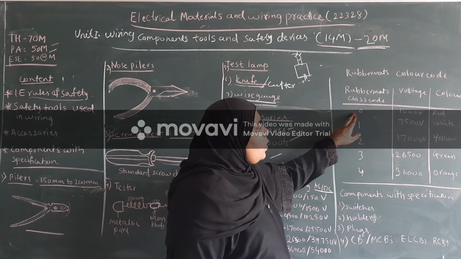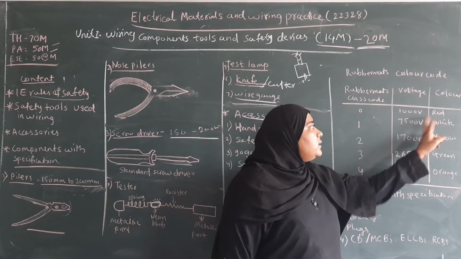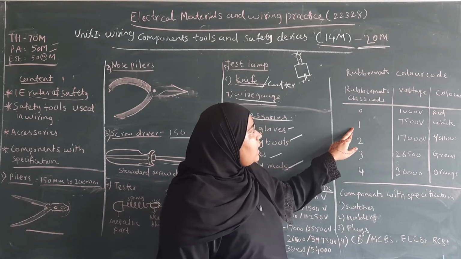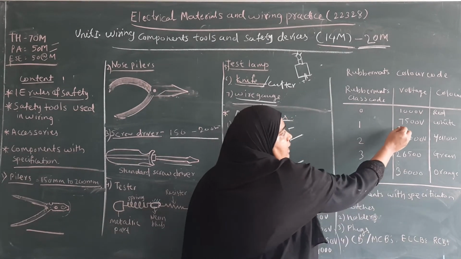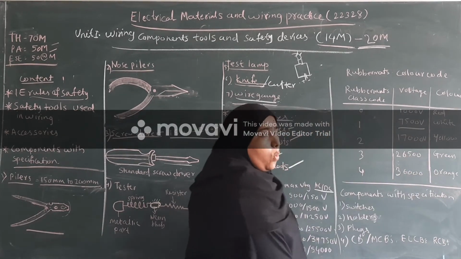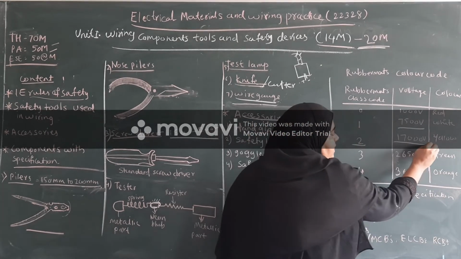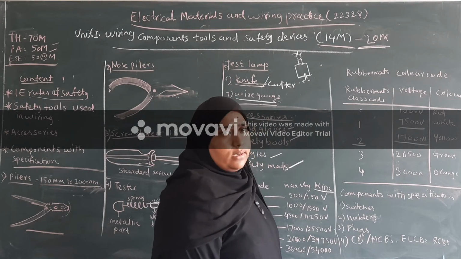Class code is 0. At this time, the voltage capacity is 1000 and color is red. Next, class code 1, at this time 7500 voltage, white. Next, 2 means the voltage rating is 17,000 volt and the color code is yellow.